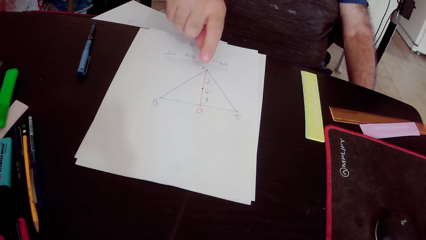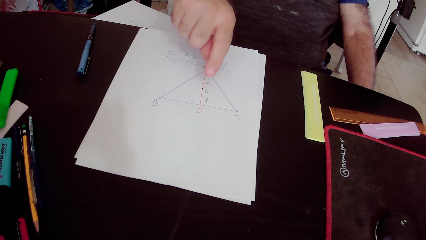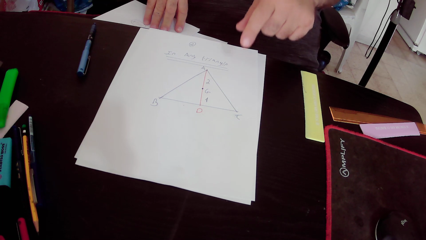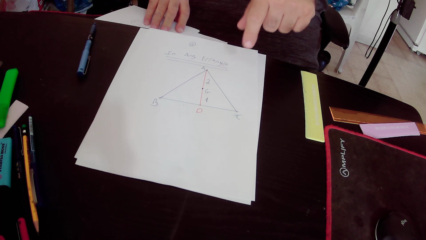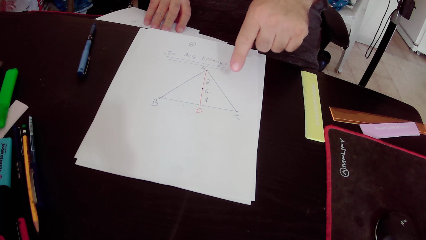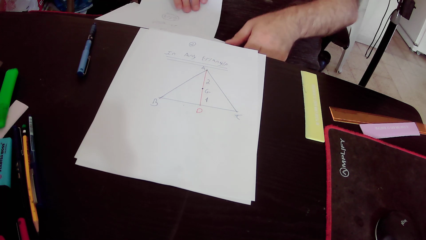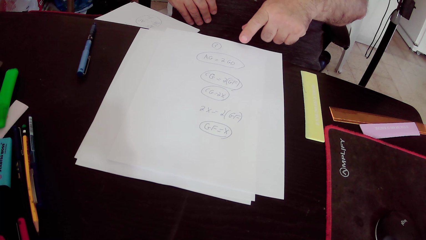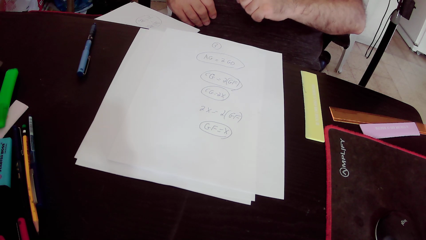That is to say, if AG equals 2 units, then GD will be equal to 1 unit. Or in other words, AG is 2 times larger than GD. Okay, AG is 2 times GD.